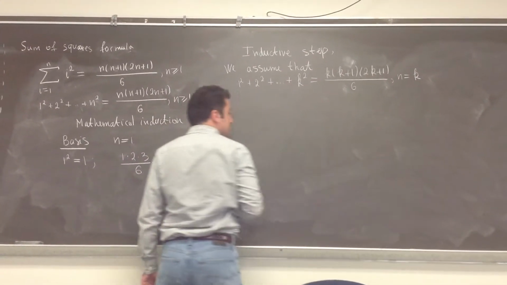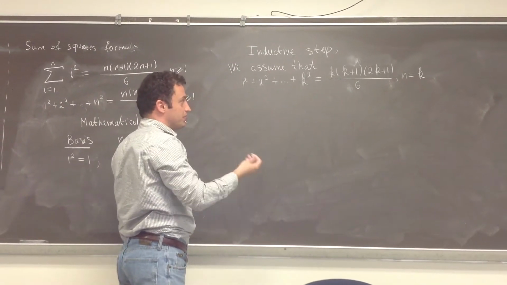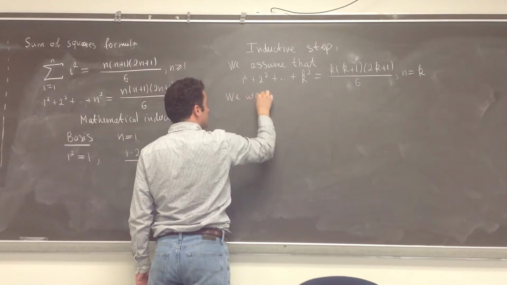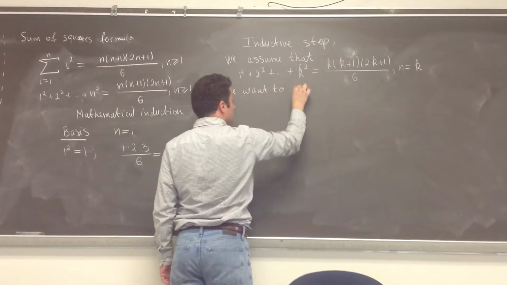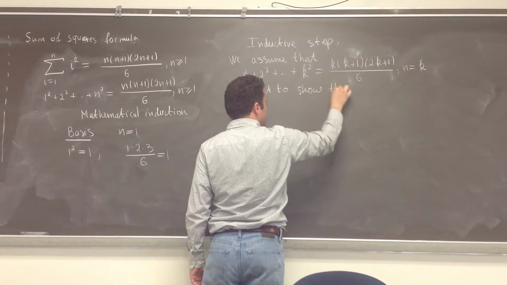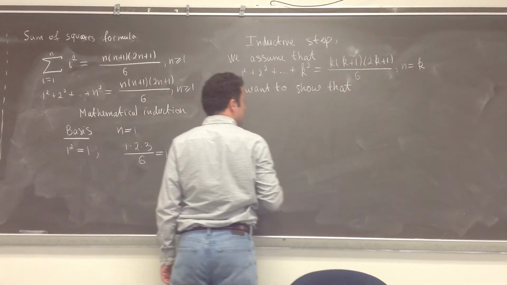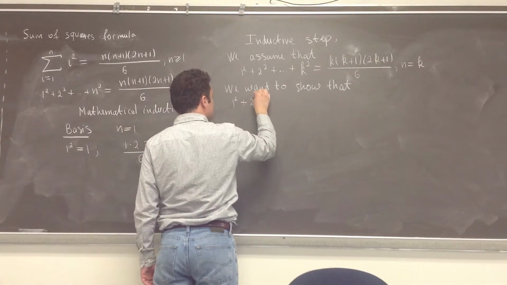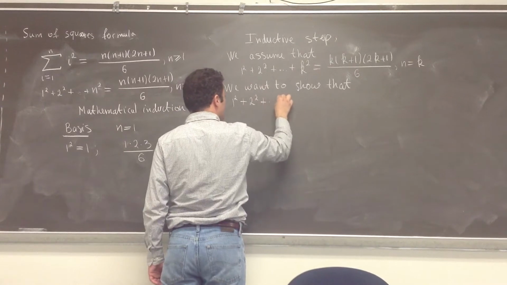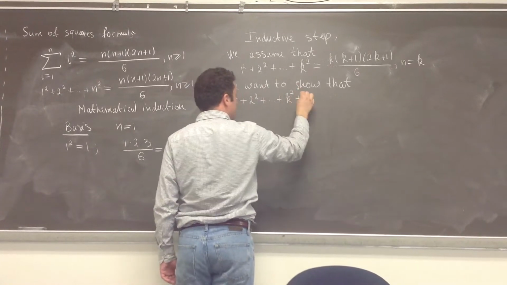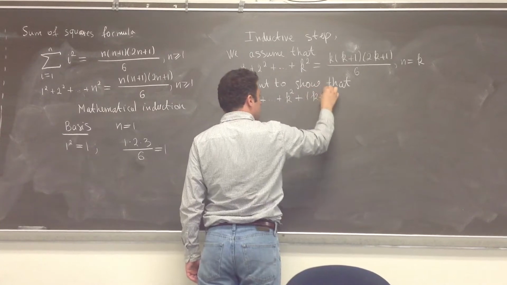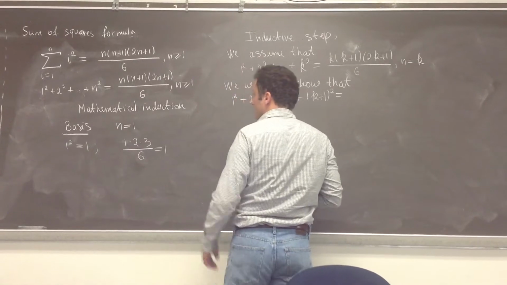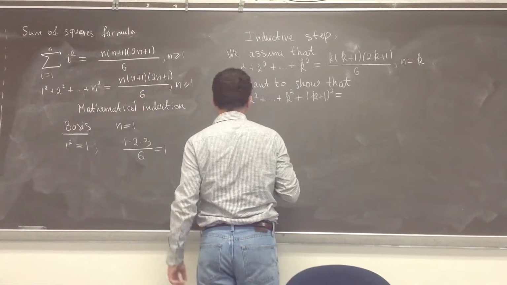And now I want to show that the statement holds true when n is equal to k plus 1, for the next natural number. In other words, that 1 squared plus 2 squared plus and so on plus k squared plus k plus 1 squared is equal to, and we want to find the value of this expression when n is equal to k plus 1.